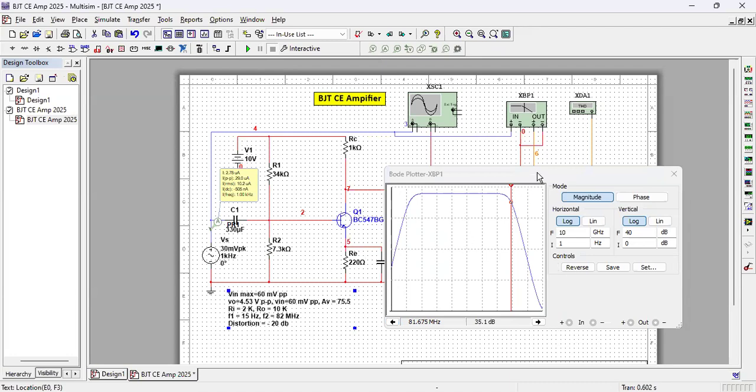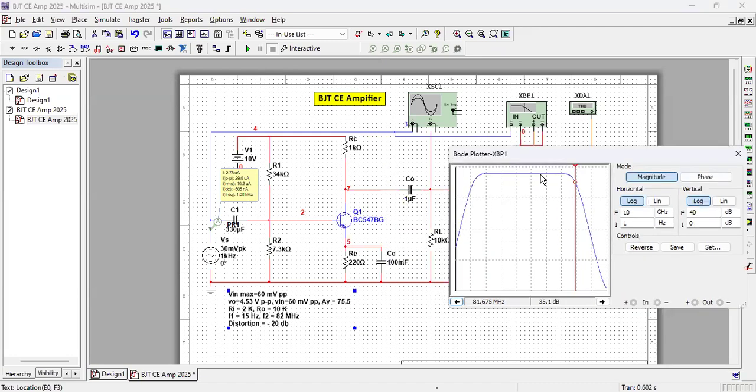Now, before finishing this lesson, I want to give you a clue for your practical life. You will find this upper cutoff frequency is normally influenced by this output coupling capacitor. And lower cutoff frequency is influenced by this bypass capacitor.